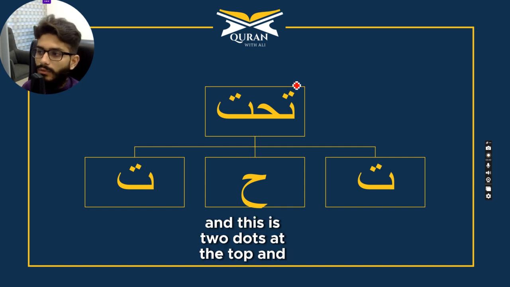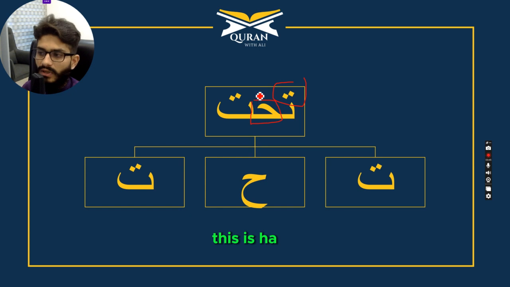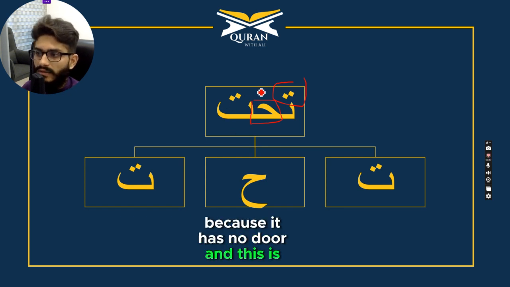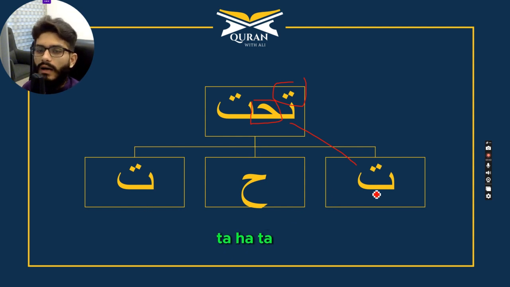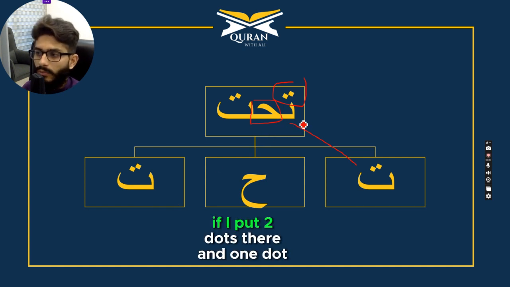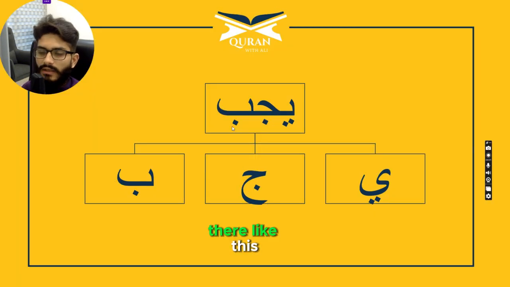And this is two dots at the top, and this is ha because it has no dot, and this is ta. So it will be ta ha ta. Say ta ha ta. What happened if I put two dots there and one dot there, like this? It will be ya jim.